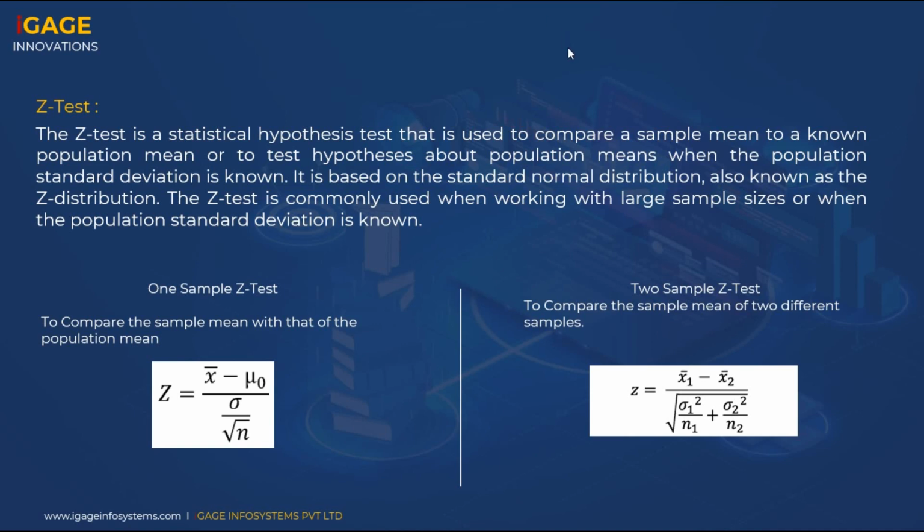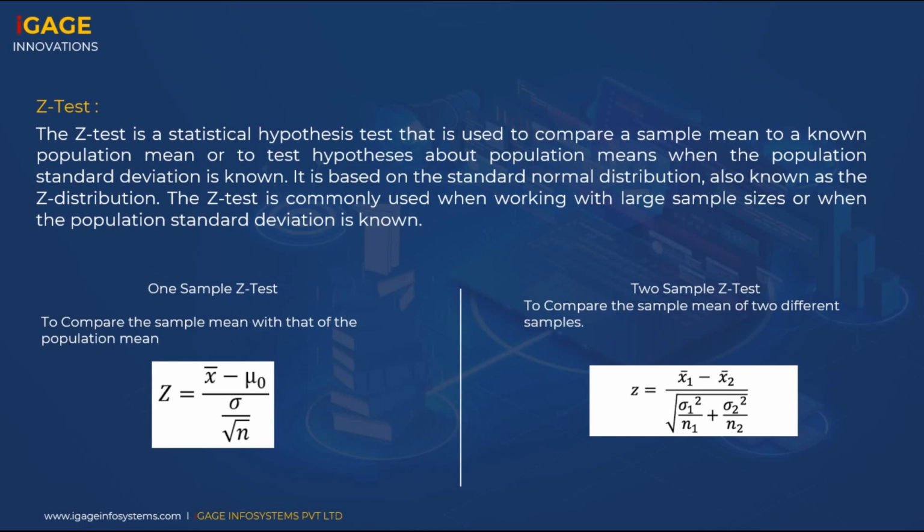Basically there are two types of z-test: one sample z-test and two sample z-test. In the one sample z-test, we compare the sample mean with the population mean, and in the two sample z-test, we compare the sample means of two different samples with respect to each other.